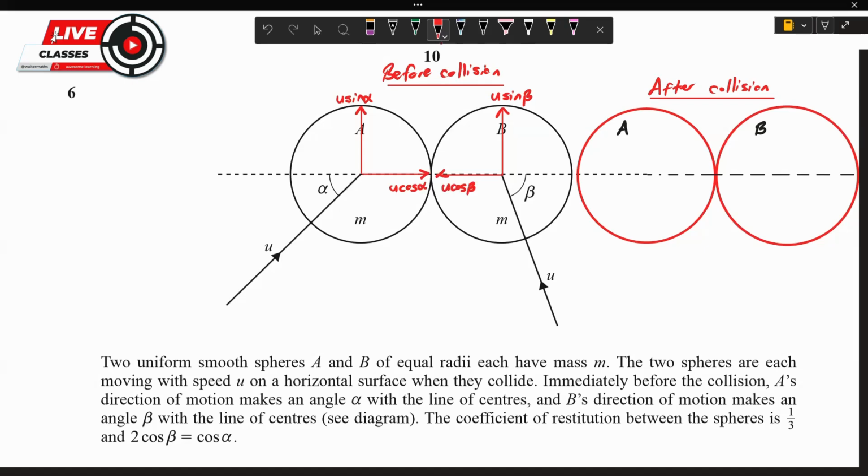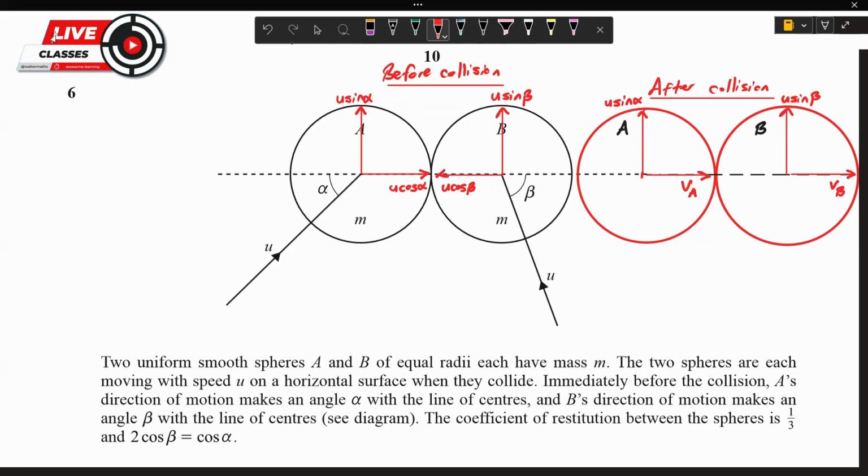Now, after collision, for particle A, the component of the speed that is perpendicular to the line of centers will still be U sine alpha, and the one which is in the line of centers, we'll call it VA. For particle B, the component that is perpendicular to the line of centers is U sine beta, and the one that is in the line of centers is VB.